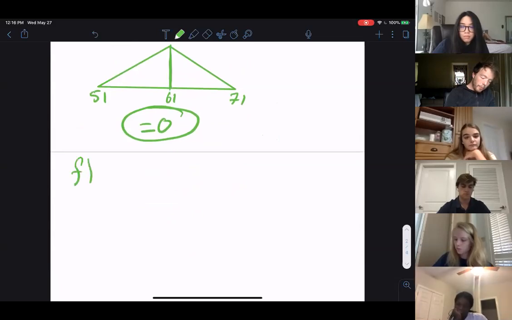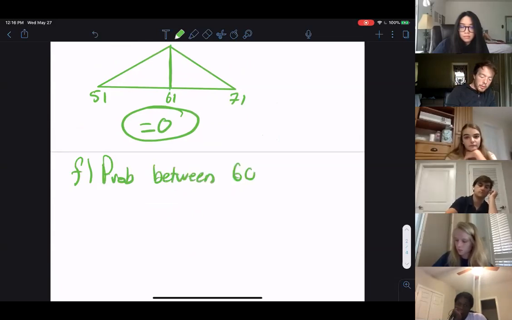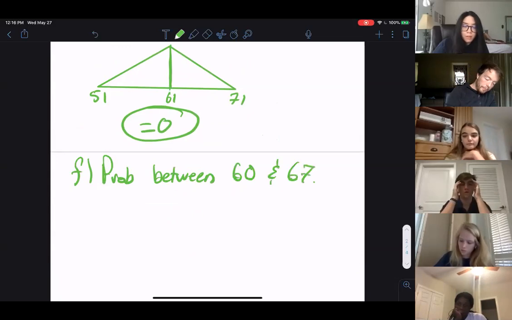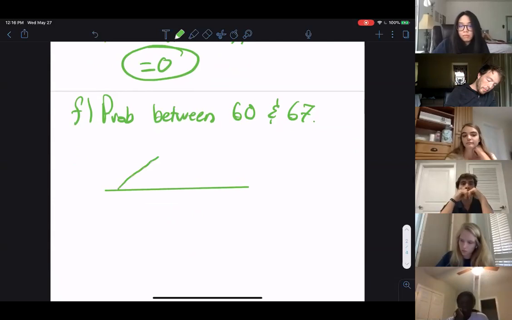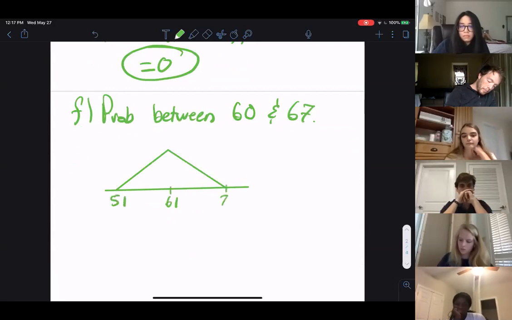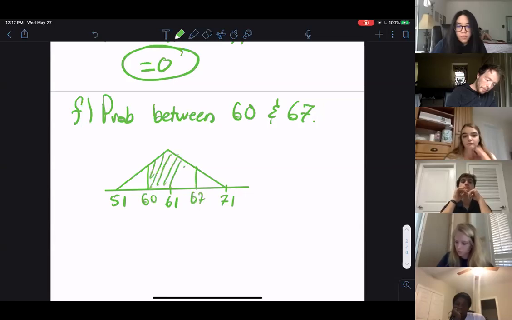And then part F, we want the probability between 60 and 67. This is actually just, if this is 60 and this is 67, the area in the middle here.